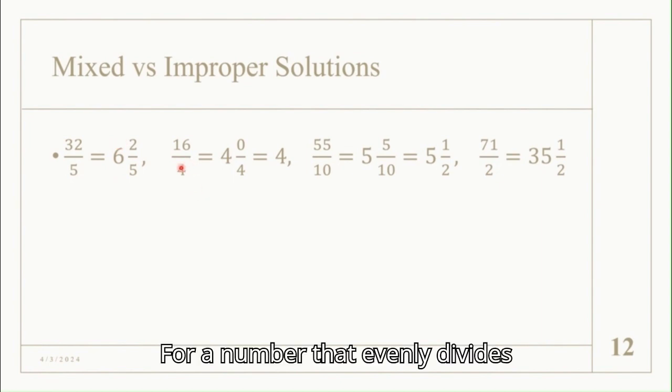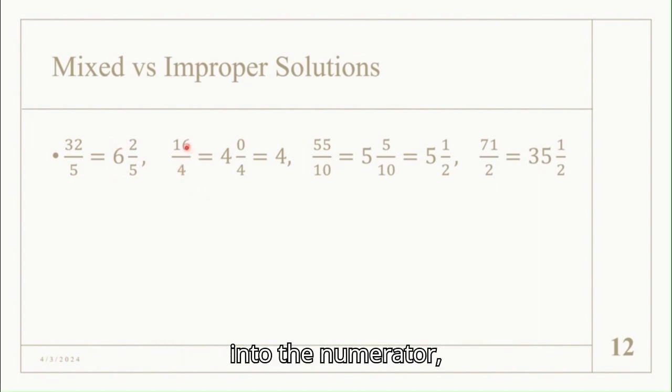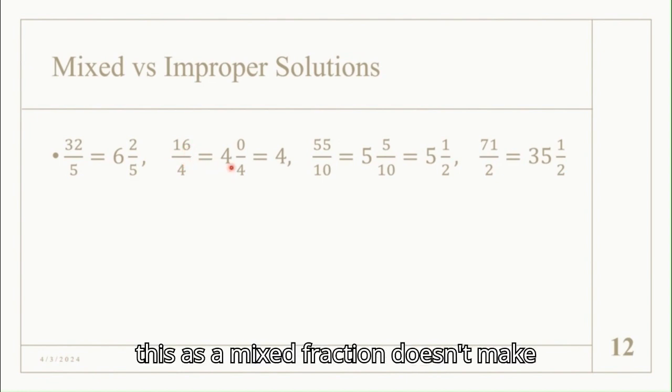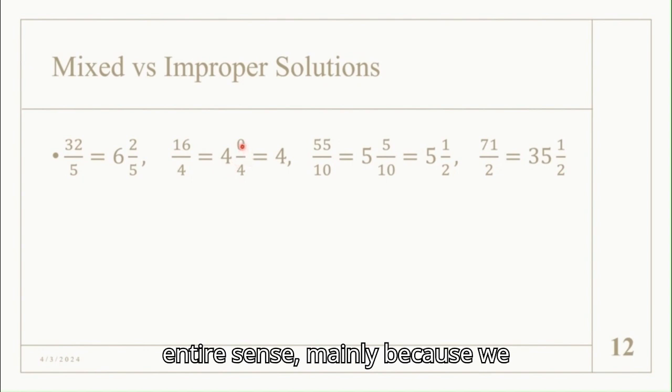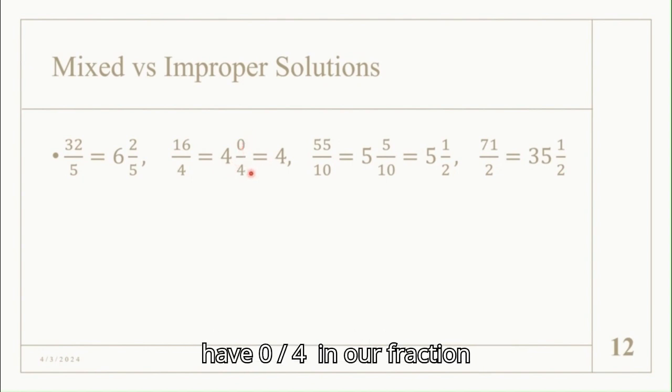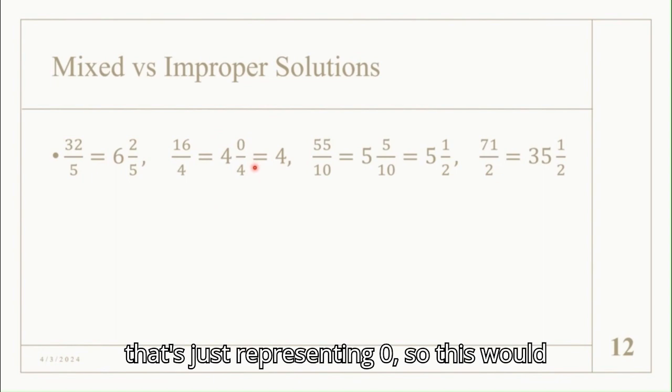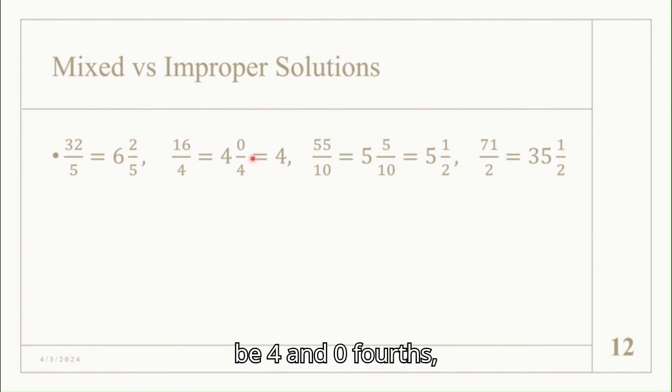For a number that evenly divides into the numerator, so 16 divided by 4, writing this as a mixed fraction doesn't make entire sense, mainly because we have 0 over 4 in our fraction. That's just representing 0. So this would be 4 and 0/4, which is just 4, because 0/4 is 0. 4 and 0 is just 4.